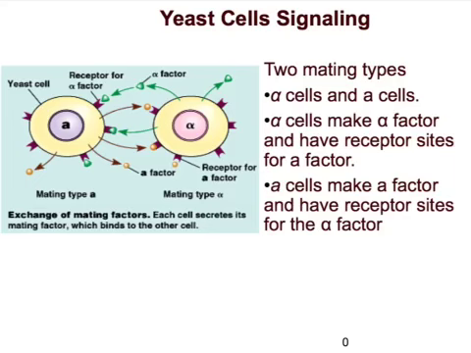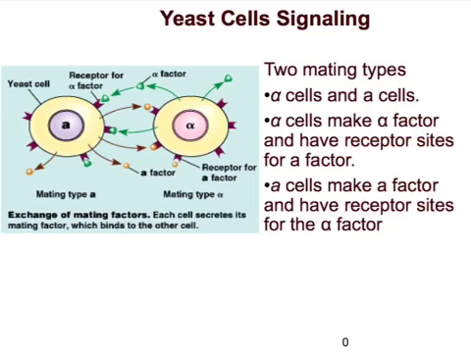When an A factor comes into contact with its cell receptor or its protein receptor, it is going to suggest that a possible mate is in a certain direction, and the alpha cell will start growing in the same vicinity that it got the factor from, until eventually the two cells meet and they will go through meiosis and they will mate.